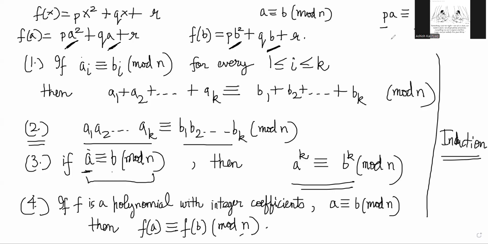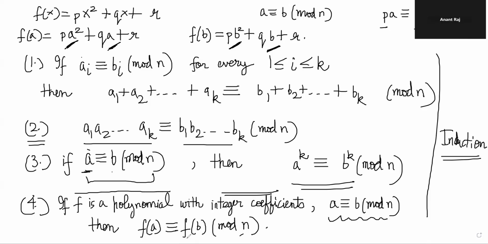Similarly, if a square and b square are congruent, then pa square will be congruent to pb square, right? So it should be obvious to everyone why for a polynomial with integer coefficients, if a and b are congruent modulo n, then f of a and f of b are also congruent modulo n. Is it clear? Does everyone understand?